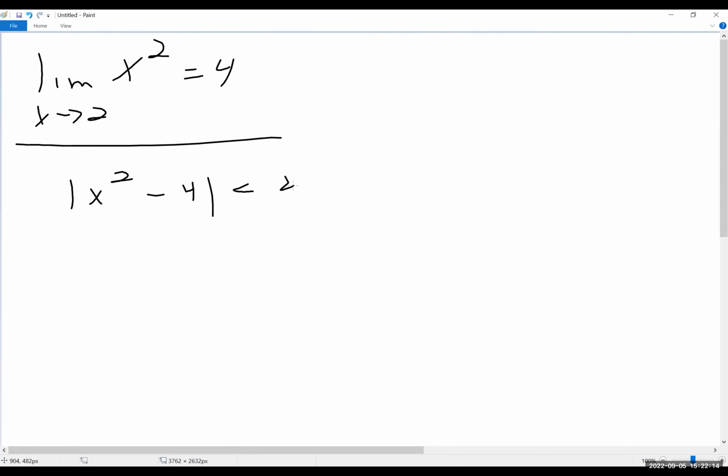And what I'm gonna do here is write this out as x squared minus 4 is less than epsilon, and minus epsilon on that side. And then I'm gonna add 4 to both sides.